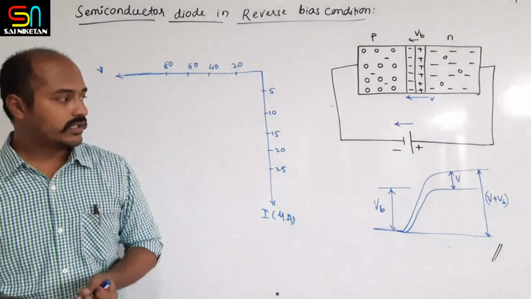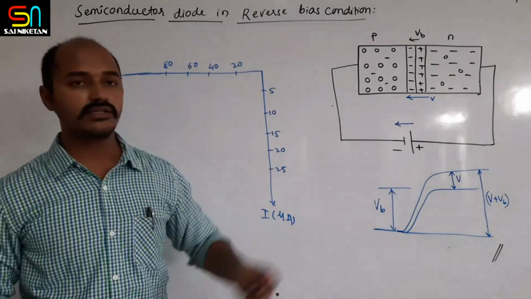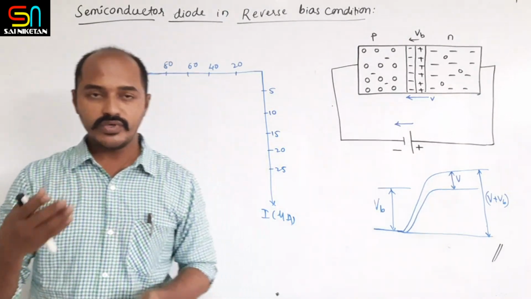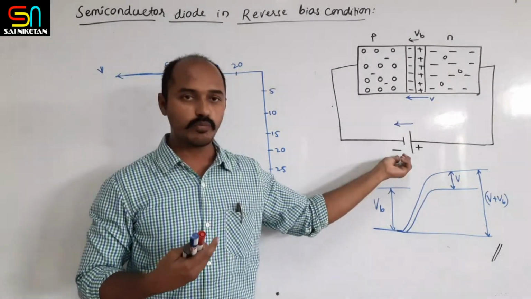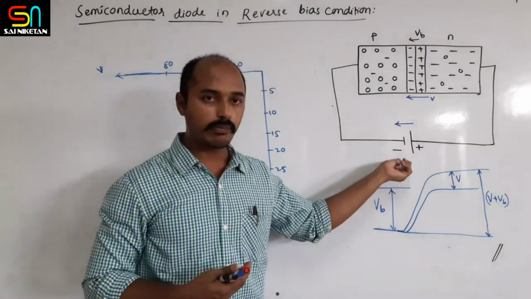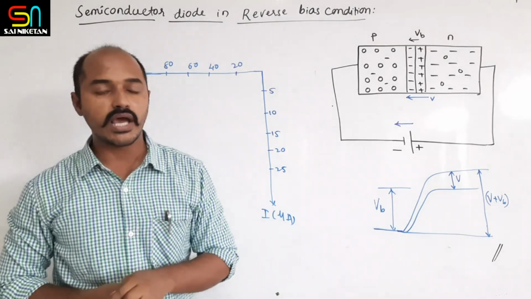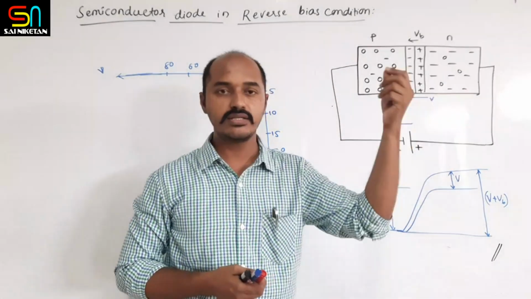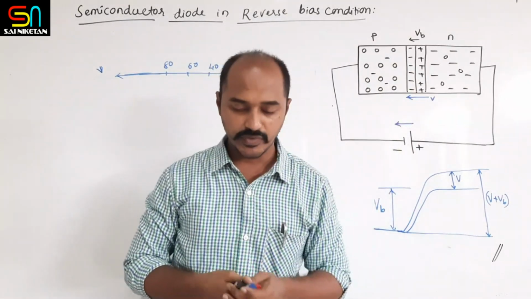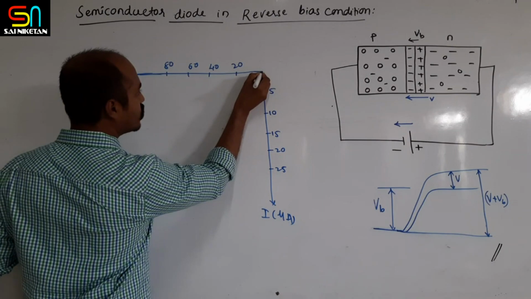Okay, now we will see how the current and voltage vary in the reverse bias condition. We said that when a potential difference is applied to the diode, the minority charge carriers start crossing the depletion region, or you can say the barrier, hence they induce some current as the voltage is applied. So at 0 volt, there is no current.